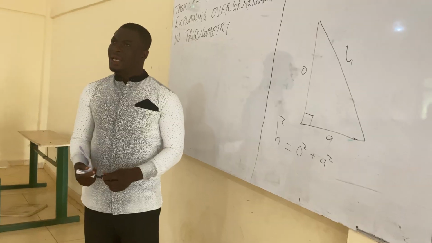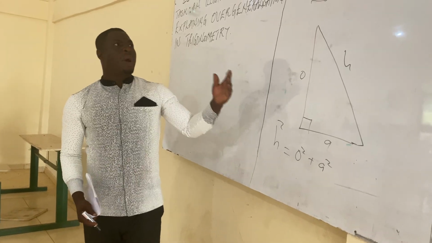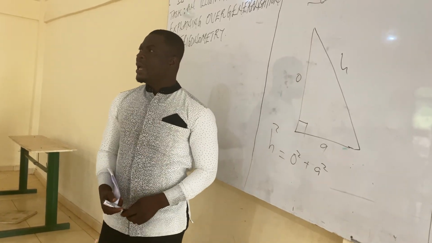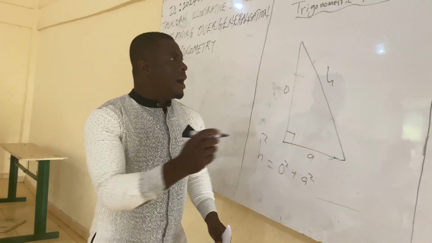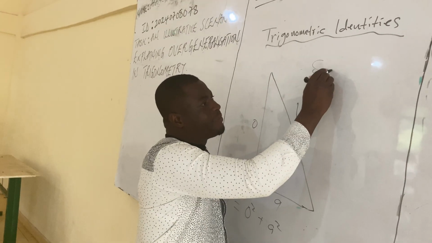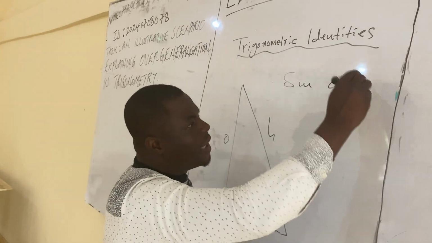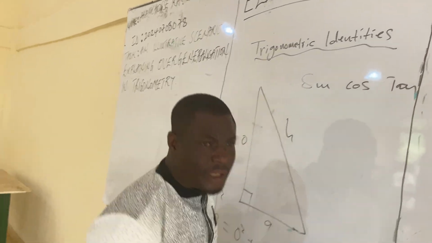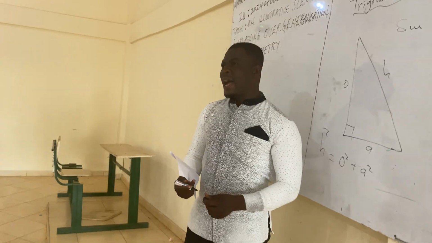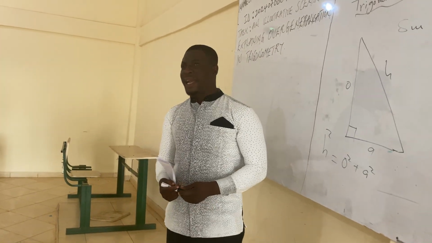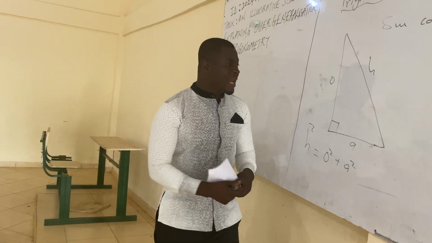So with this, we learned about trig ratios. In the trig ratios, we have our sine, cos, and tan, which we use to calculate when an angle is given.